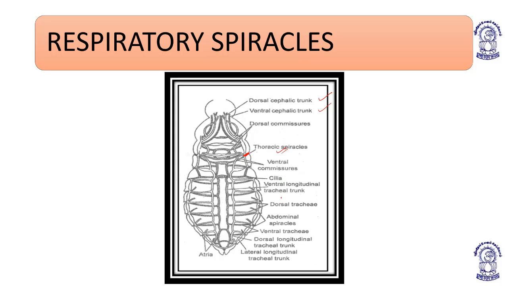Then these are the dorsal trachea, atria, ventral trachea, abdominal spiracles; everything is mentioned. Dorsal longitudinal tracheal trunk, ventral longitudinal tracheal trunk, lateral longitudinal tracheal trunk. So trunks are there on all three sides: dorsal side, lateral side, ventral side. Understood?